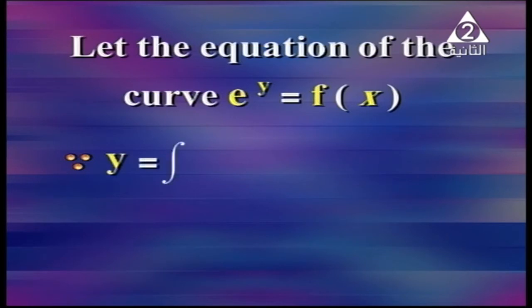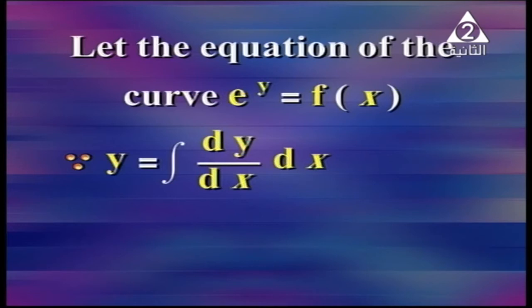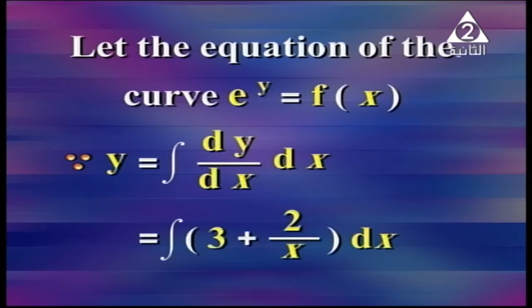Then, since the integration of dy over dx is y, we put dy over dx as (3 plus 2 over x) dx. So y is the integration of the bracket containing 3 plus 2 over x dx.